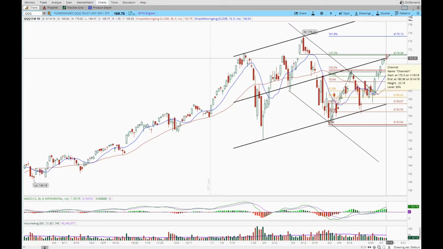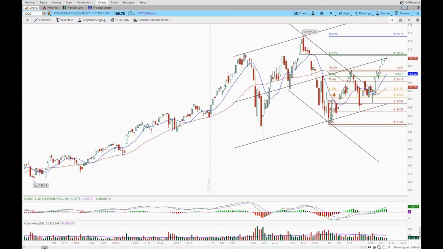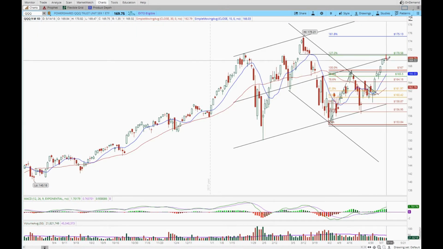And look at this level here. The high on this level was, and if you see it right, I'm sorry about that. It is right here in the high. So if you see, the high of today was exactly 170.82.